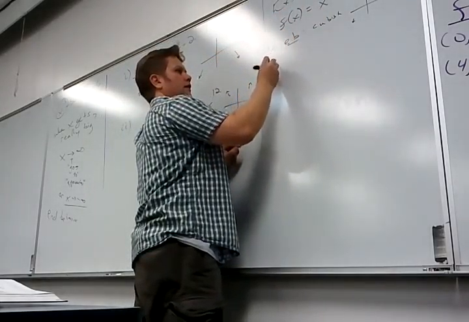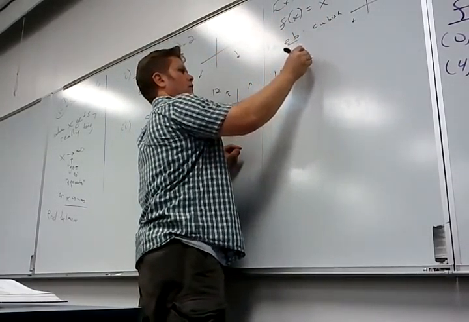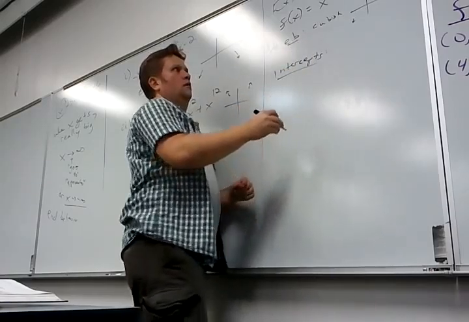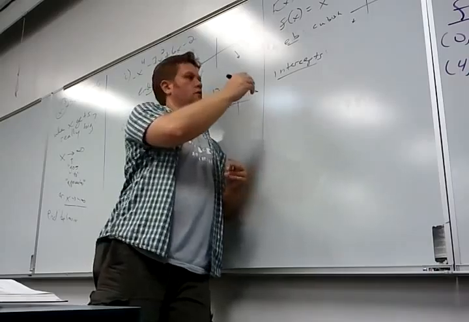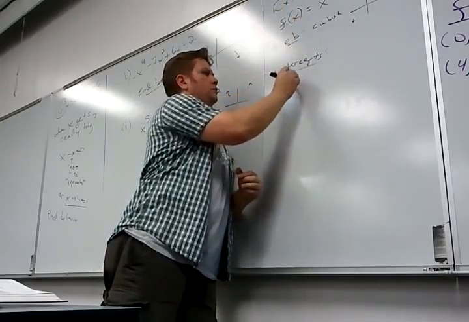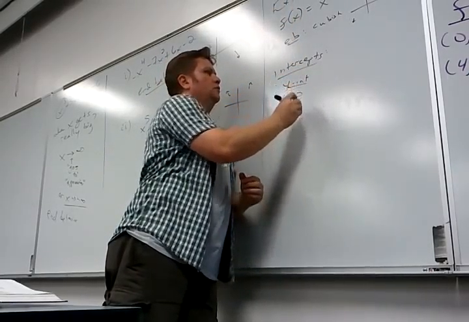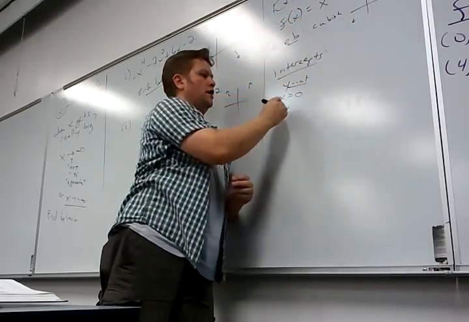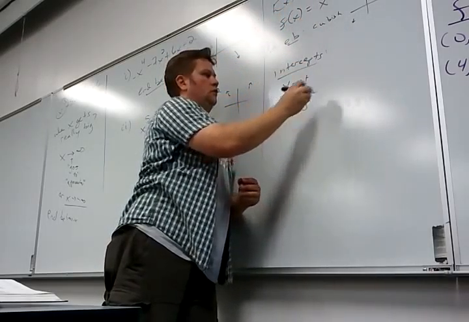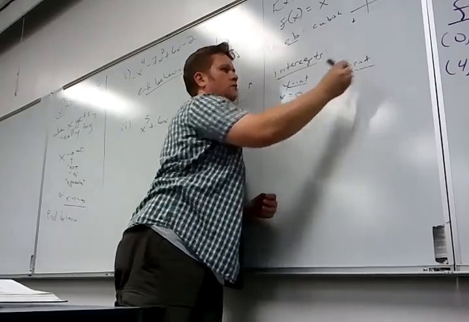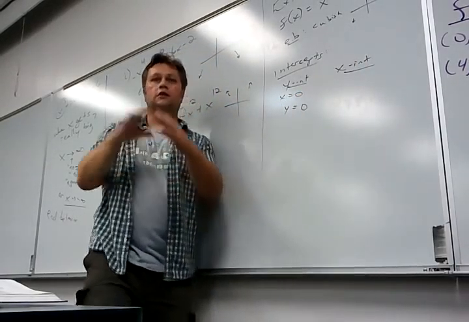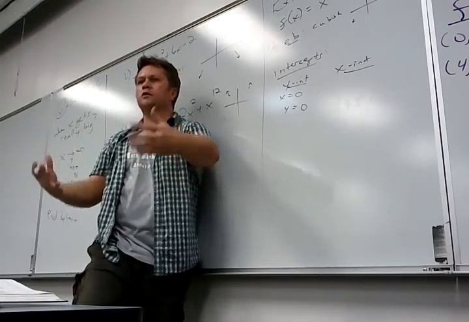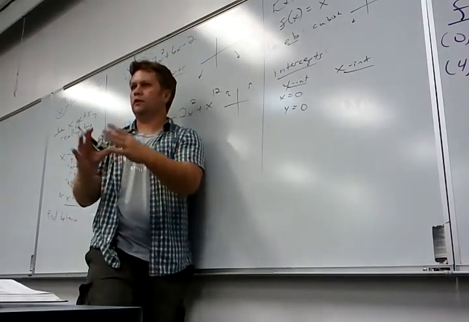How do I find the intercepts? Yeah, exactly. Y-intercept, x equals 0. If you make x 0, you get y 0. How do you find the x-intercepts? Set the whole thing equal to 0, so it almost always involves factoring this thing so you can see the parts.